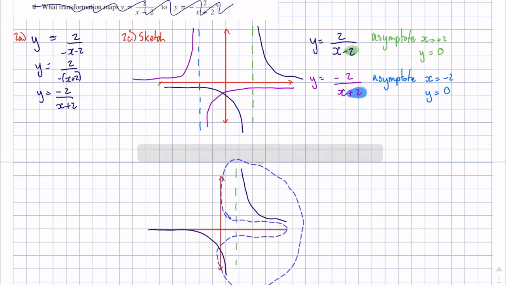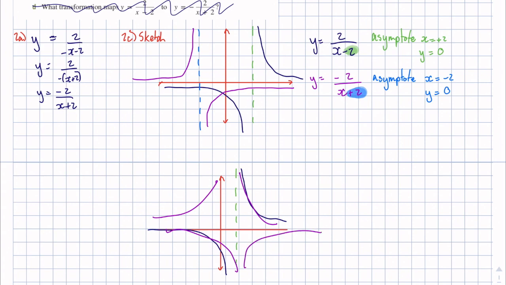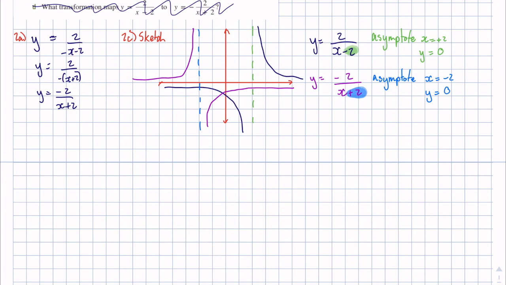I wanted to make it bigger, sorry. I've essentially flipped it over. So instead of being here, I'm now here, and instead of being here, I'm now here. That's all. That's questions 1A, 1C, 2A, 2C.